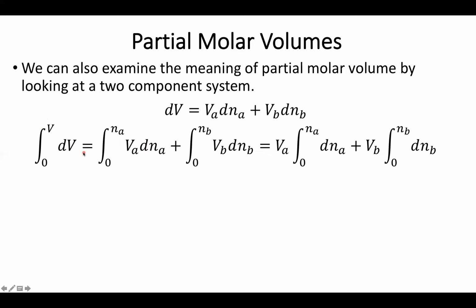Now, what actually is very important is that we're making the approximation at this point that our partial molar volumes of A and B won't change.